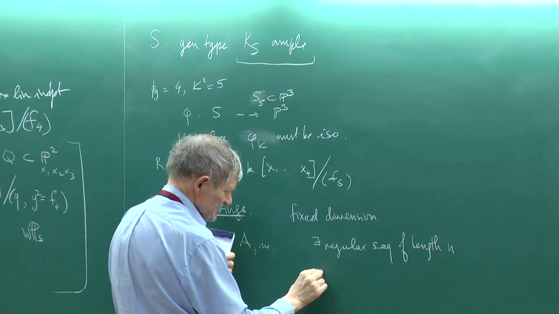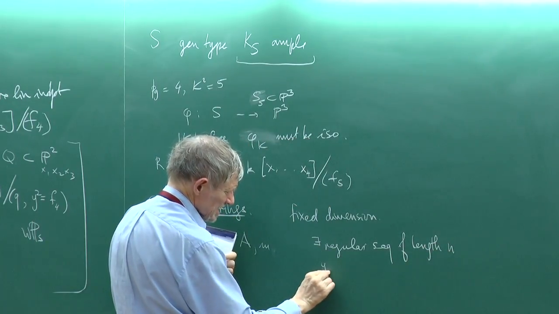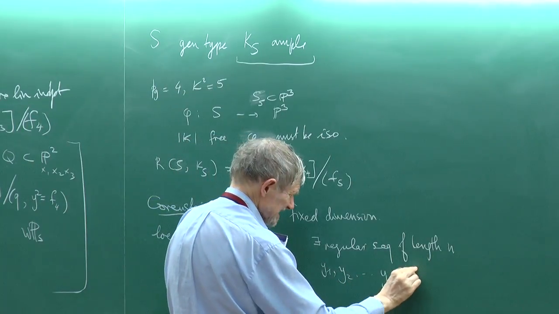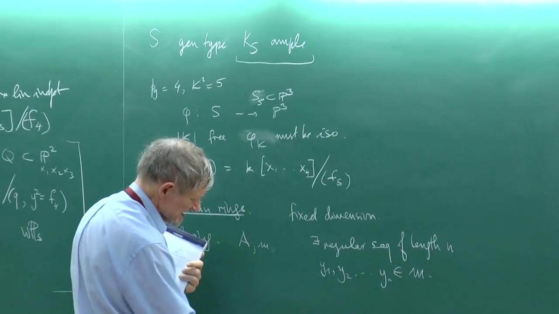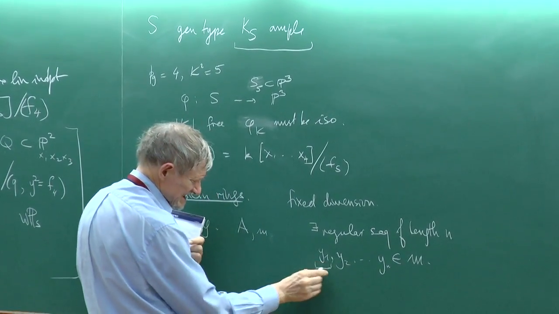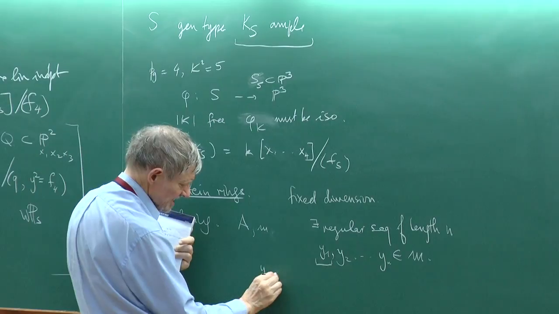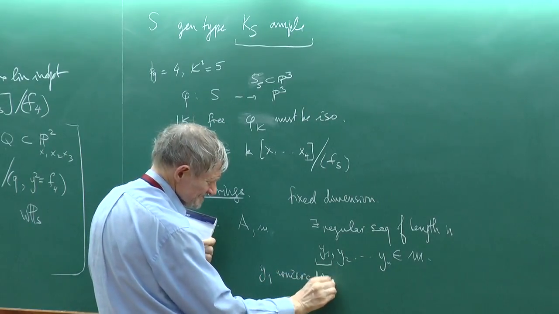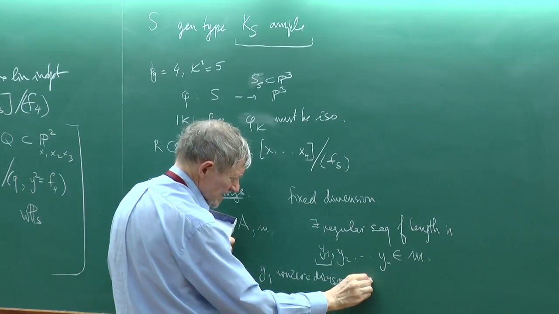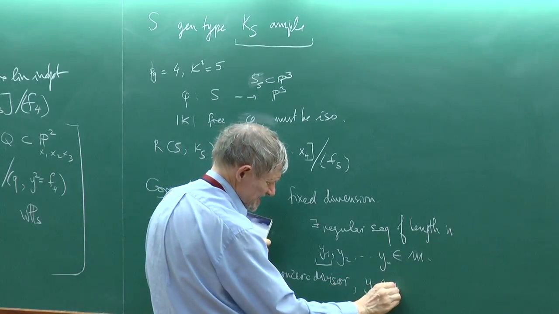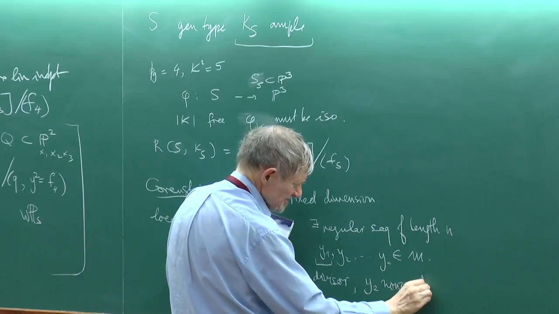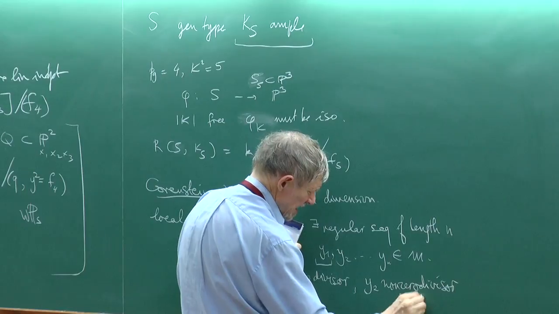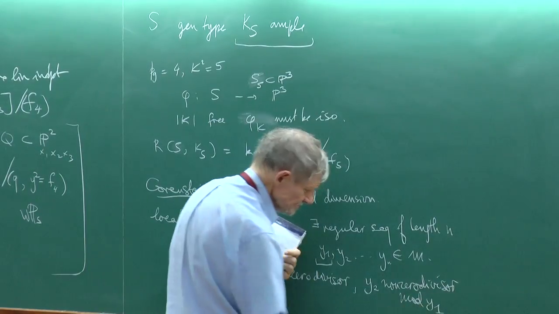This means I can choose y1, y2 up to yn in M, with the property that y1 is a non-zero divisor, and then y2 is a non-zero divisor modulo y1, and so on.